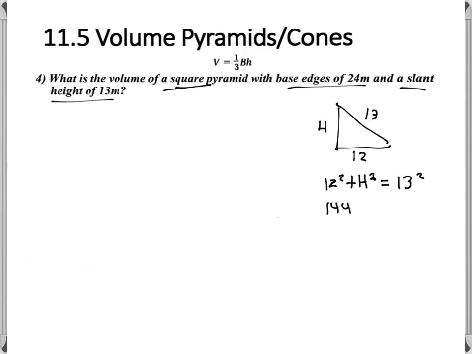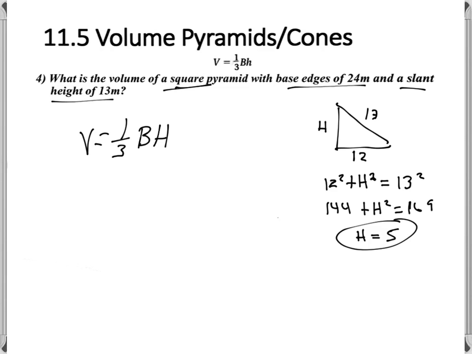You've got 144 plus 8 squared equals 169. Subtract 144, then square root. You've got the height of your pyramid is 5. So now that we know the height, we can find the volume. 1/3 our base area times our height.